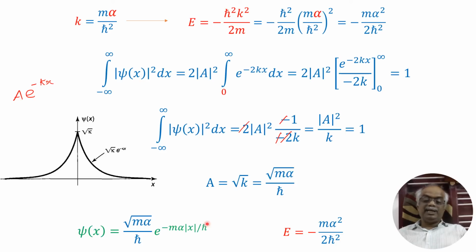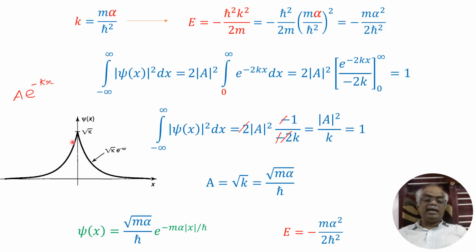Here we are taking k as m alpha over h cross squared. We are taking modulus x because we are taking both right hand side and left hand side as a common wave function. So if you take right hand side and left hand side, this will be modulus x. So even if it is negative x, you will get positive x only.